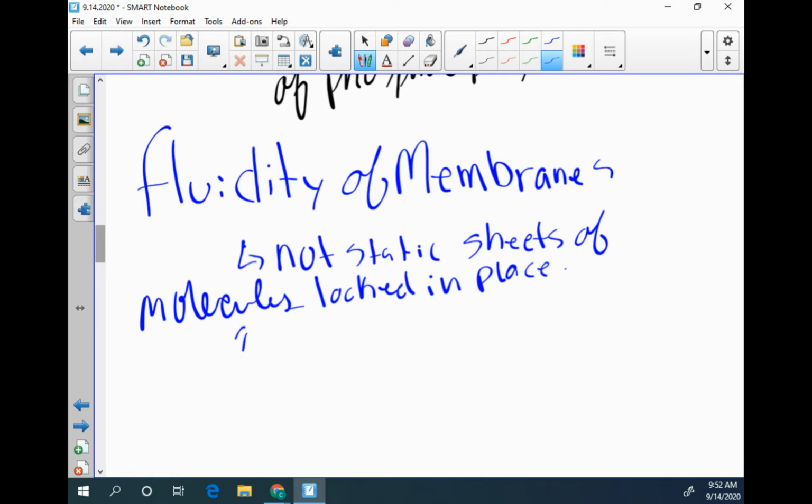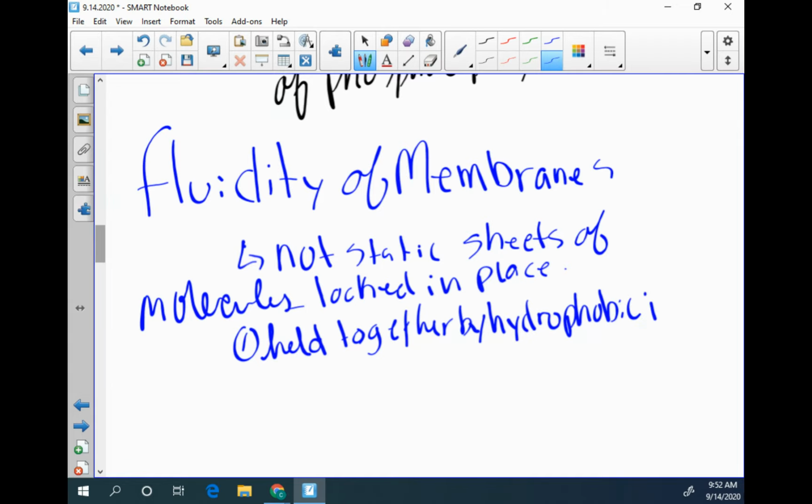They are held together by hydrophobic interactions. The only thing holding our cell membranes together is the fact that those hydrophobic tails don't want to associate with water. So the fact that our phospholipids are amphipathic is the reason why a single cell can exist.